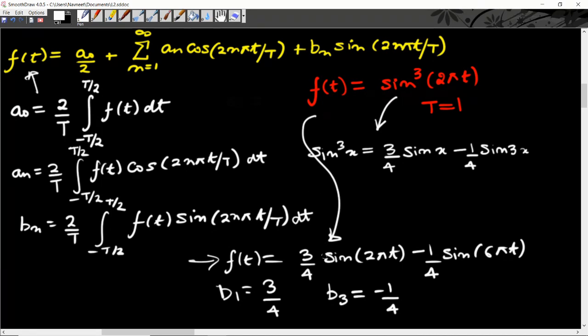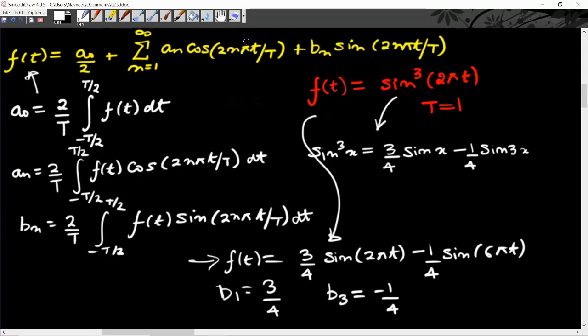So the coefficient 3 by 4 on the left hand side would correspond to b1 on the right hand side and no other coefficient. So this is our first example of Fourier series.